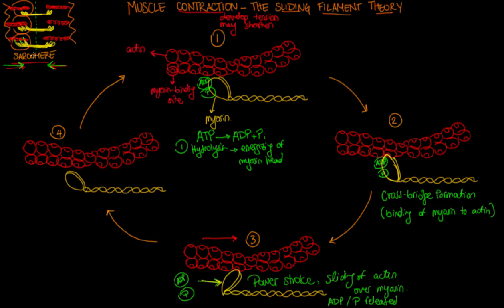The final step of the sliding filament theory is pretty much the release of myosin from actin, and this only occurs in the presence of ATP. So, binding of an ATP molecule to myosin is going to allow myosin to detach from actin.